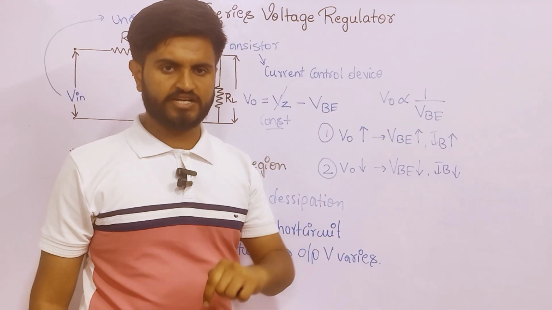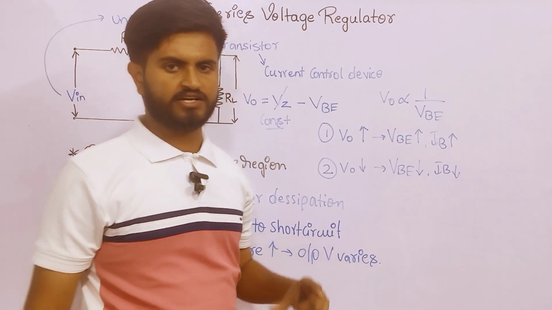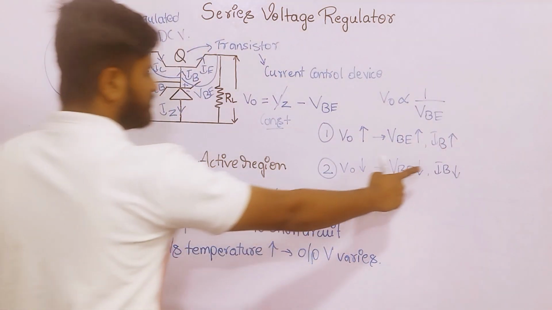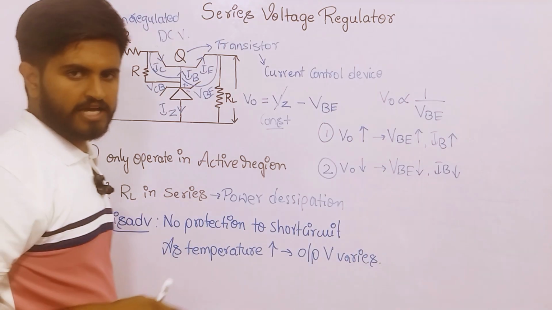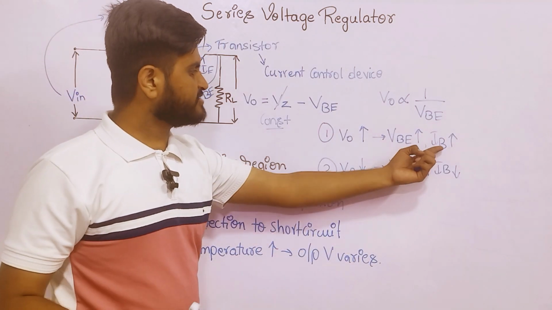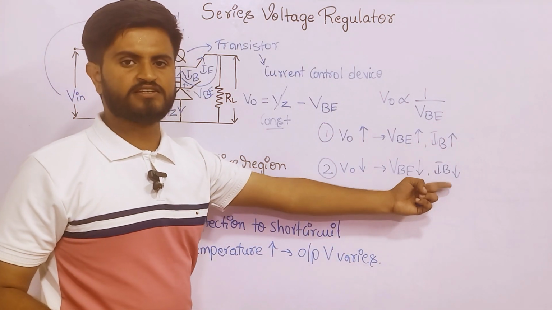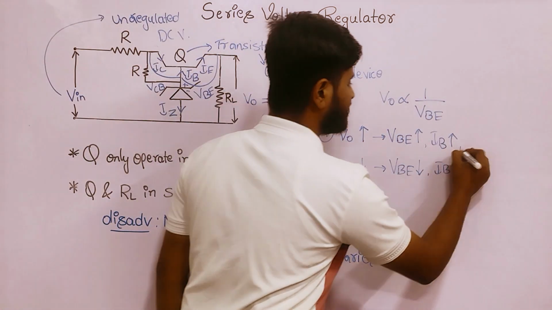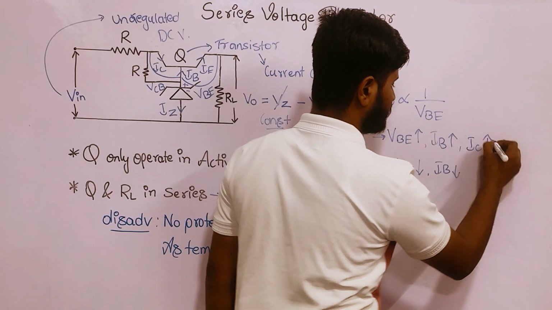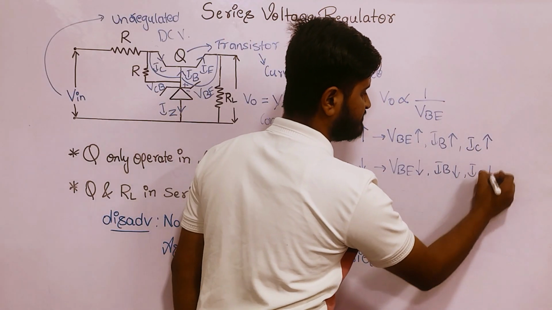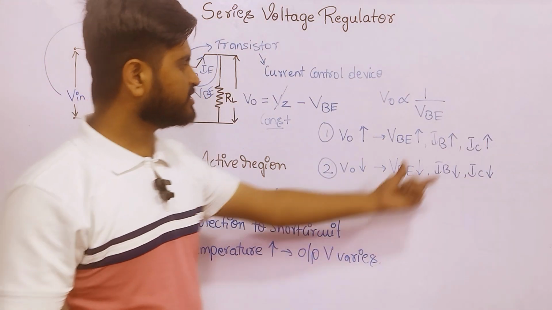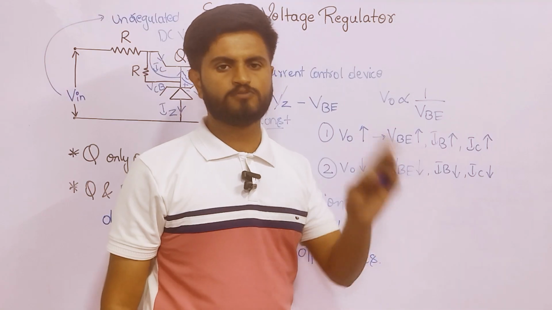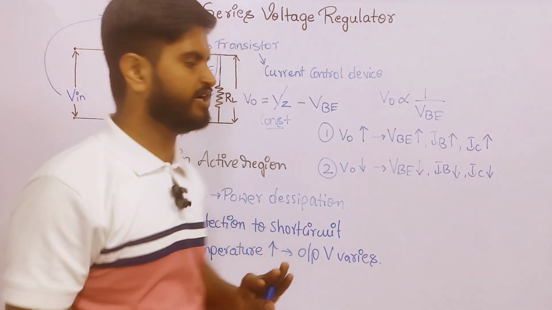When the output current decreases, the input current will also decrease. IB is my output current, it is increasing here and decreasing there. Therefore my input current IC will also increase, and in the second scenario IC will decrease. If one increases, both increase; if one decreases, both decrease.